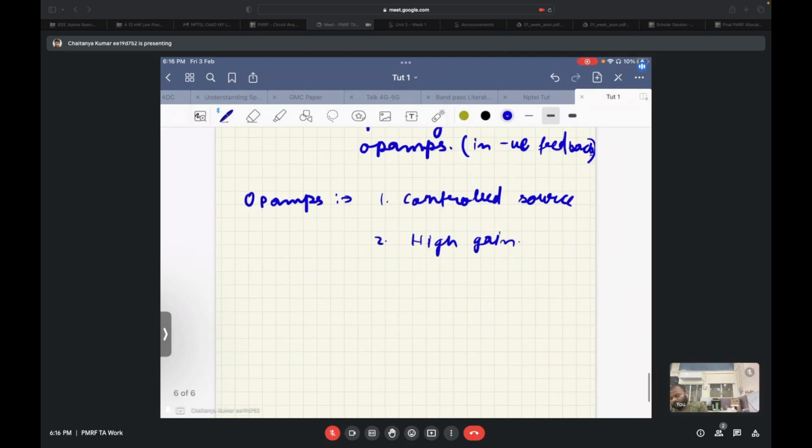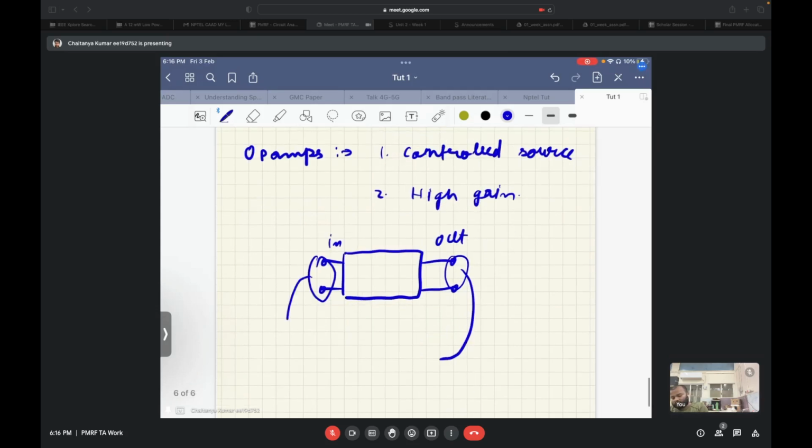Okay, so let's consider any kind of current source that has, say, a controlling terminal. So this is a controlling terminal. Let's call this in, and this is an output terminal. Let's call this out. And somehow we have a negative feedback from the output to the controlling terminal, and the gain of this thing is tending to infinity.